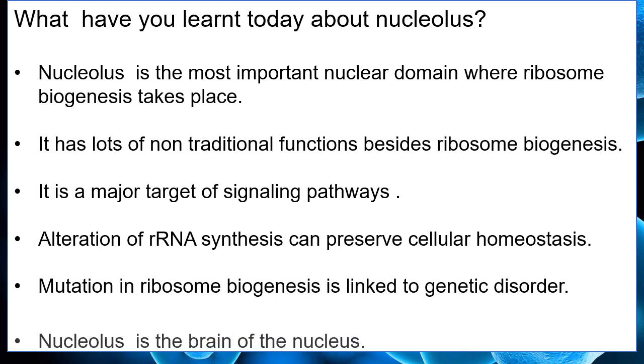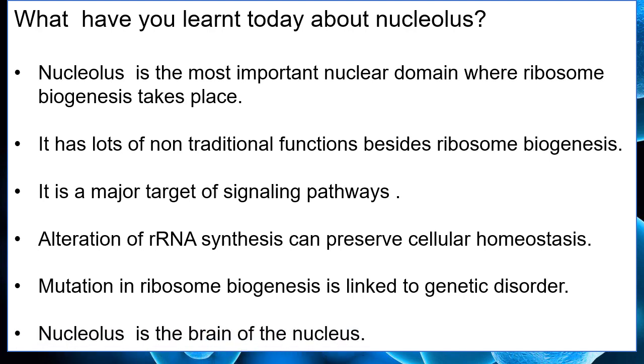At last, we can say that the nucleolus is the brain of the nucleus. We know that the nucleus can be considered the brain of the cell. In the same way, the nucleolus can also be considered the brain of the nucleus.